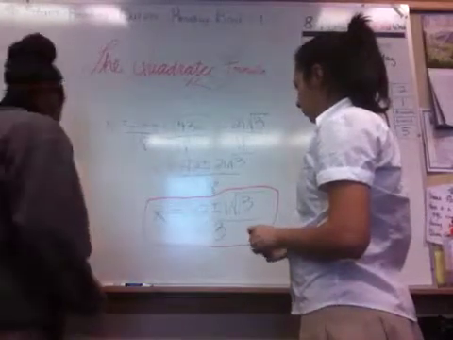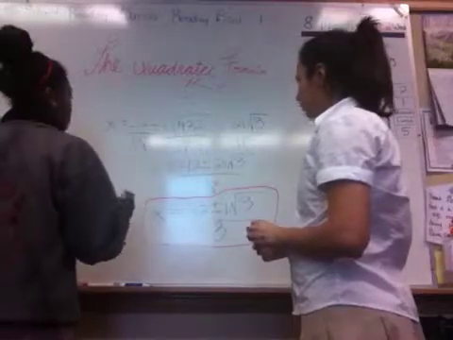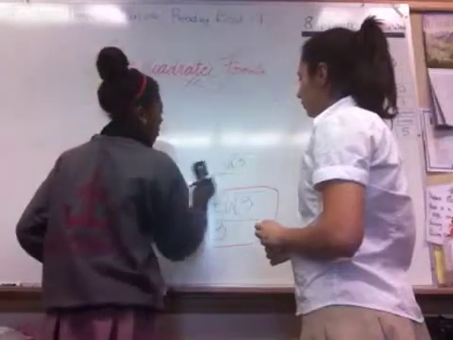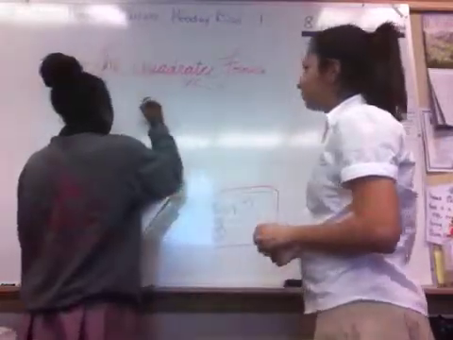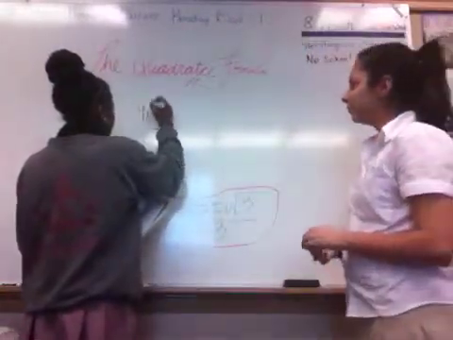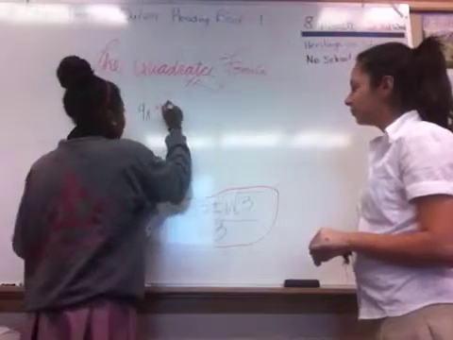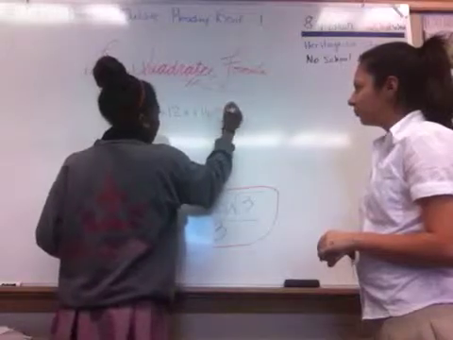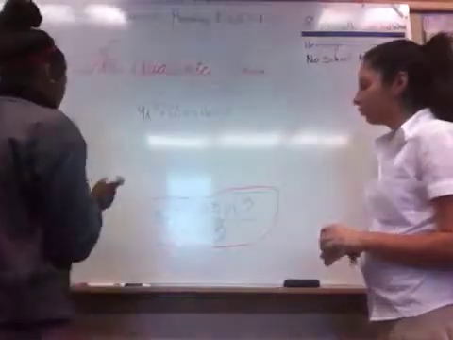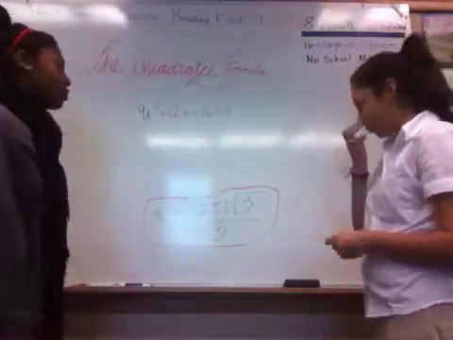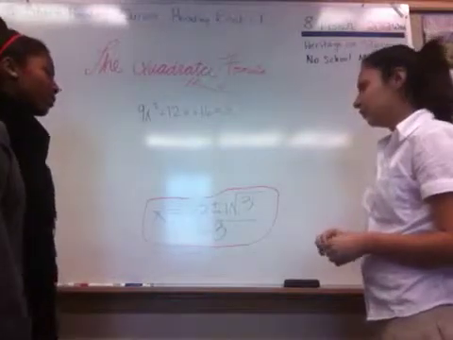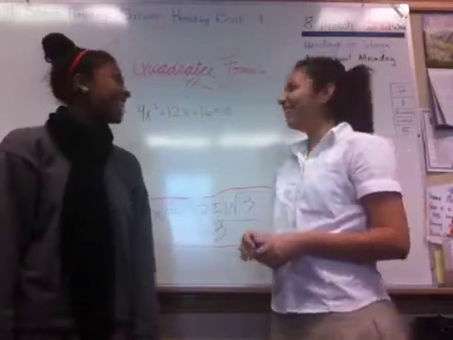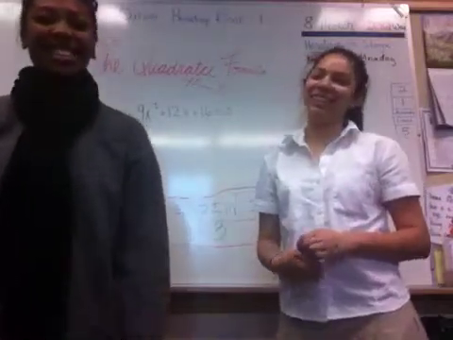So we started off with 9x squared plus 12x plus 16 equals 0. You get x equals negative 2 plus or minus i square root of 3 over 3. And that's the quadratic formula. End of our lesson. Thank you.